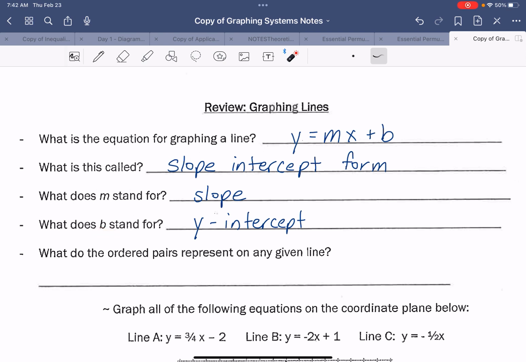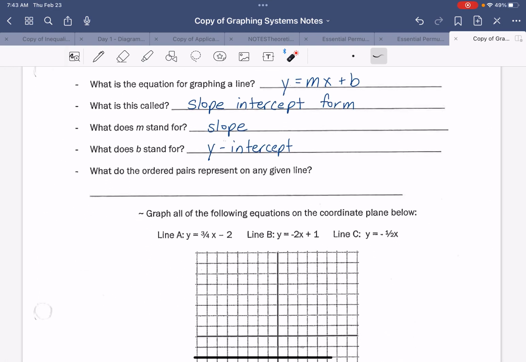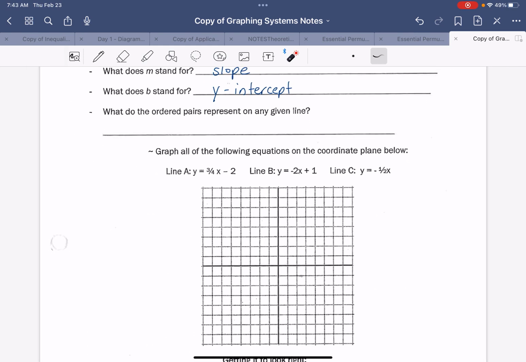All right, what does b stand for? Well, that b is the y-intercept. Think about, what does the word intercept mean? Well, you might be thinking the word intersect. If you're looking at the graph right here, this is your y-axis, this is your x-axis. The y-intercept is where your line or your quadratic, your parabola, either one, crosses this line, okay?